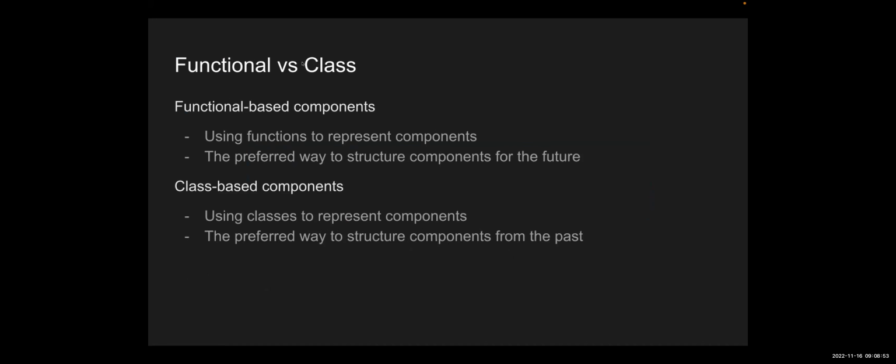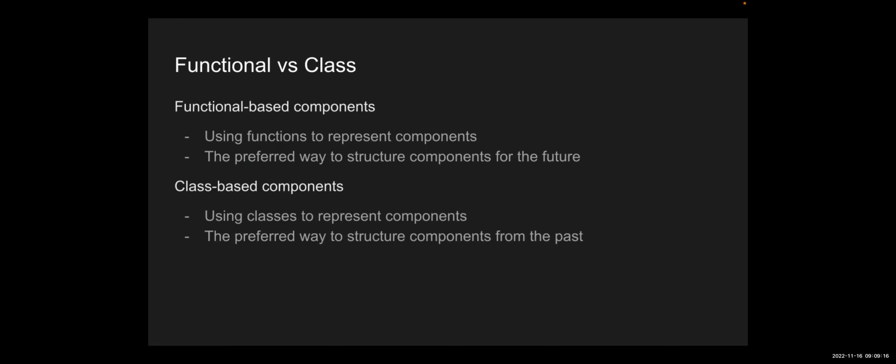So functional versus class-based, you'll hear this a lot of times. There are a few ways to create components. You can make a functional-based component, which uses JavaScript functions to represent these components, and this is the preferred way to structure our components from now on.